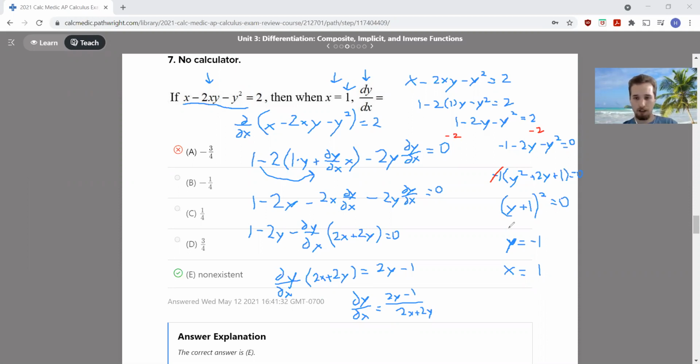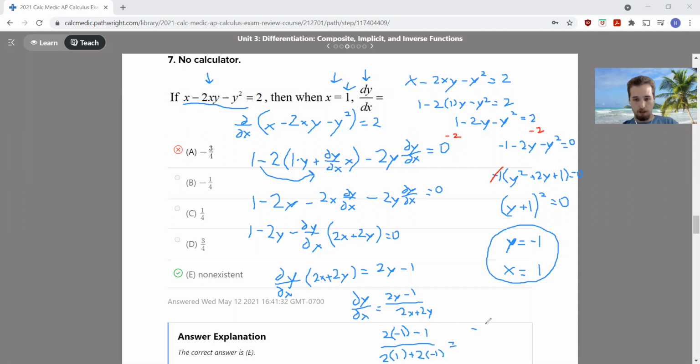We can plug in our values here. So when we plug those in, y is -1, so -1 here, minus 1, 2x, so 2 times 1, plus 2y, so y is -1, so 2 times -1.